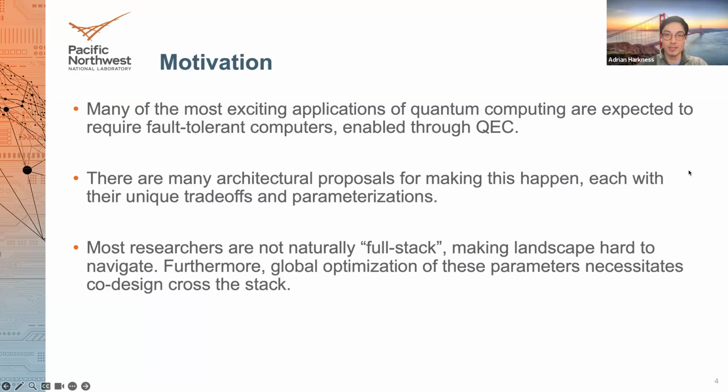And we've especially seen that optimizing these parameters at each specific stack in the quantum computation stack does not necessarily lead to a global optimization of parameters when you put it all together.